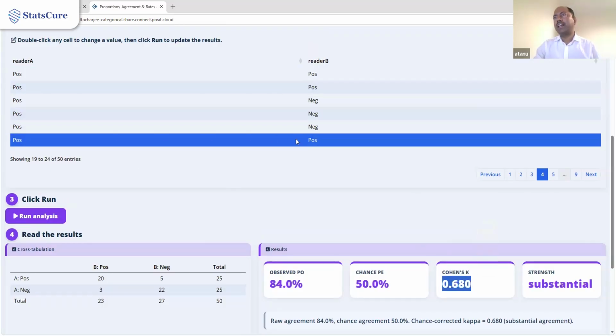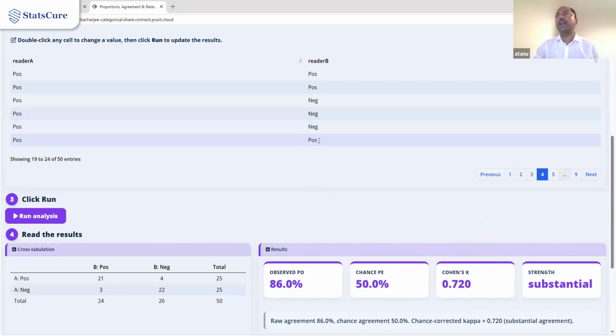Since both raters now agree with each other, positive and positive, if you click run again, the kappa value is going to rise. See, it's raised from 0.68 to 0.72.